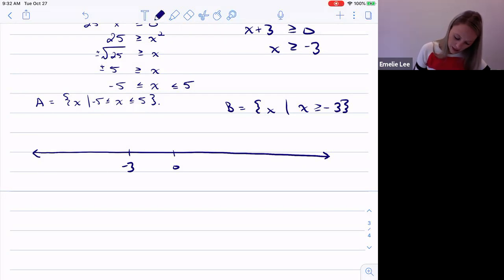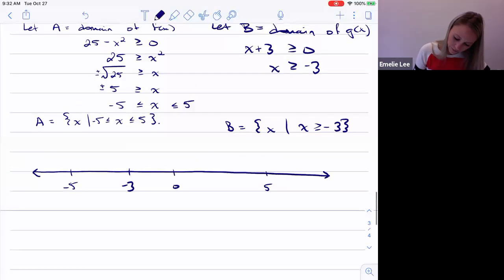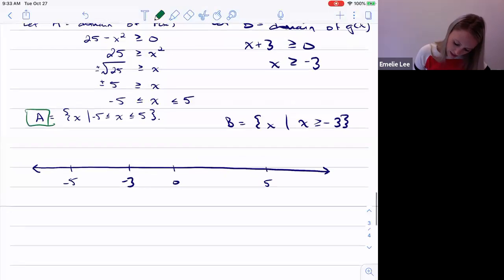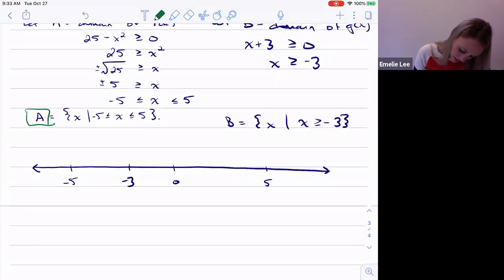Negative 5 and positive 5 are check-in points as well. So I'll use green to show where A is. So A is saying x can be anywhere, including negative 5 and positive 5 and anywhere in between.